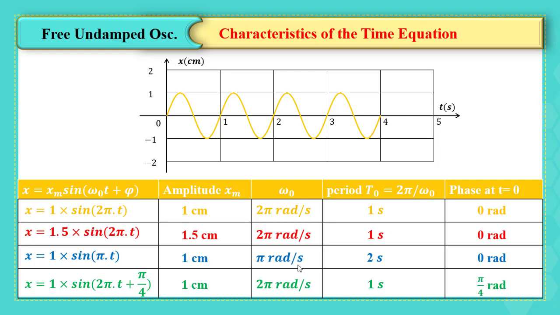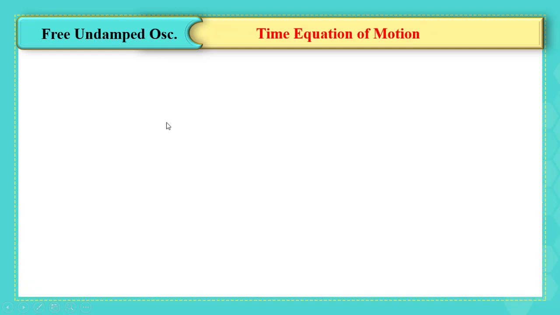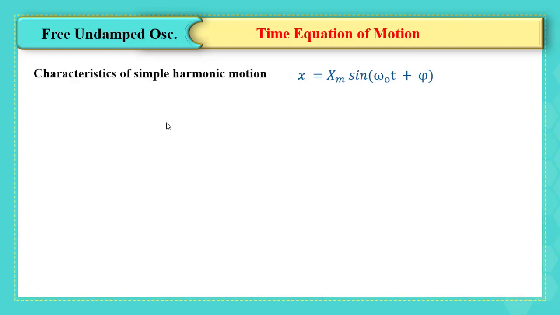It is pi over 4. Let's draw it. It seems that the oscillation leads the first one by pi over 4. We have a little shift in the graph, and it seems that phi affects the initial start of the oscillation.